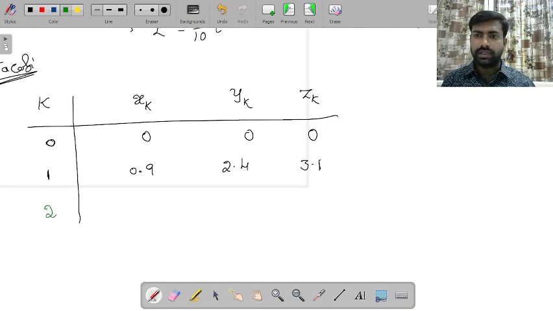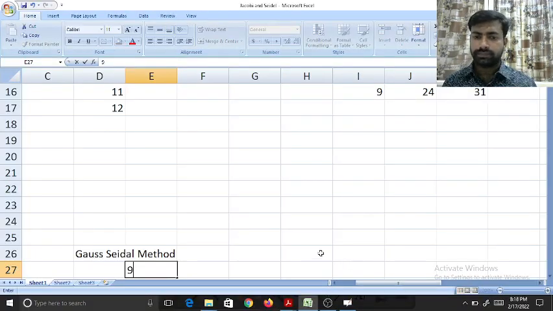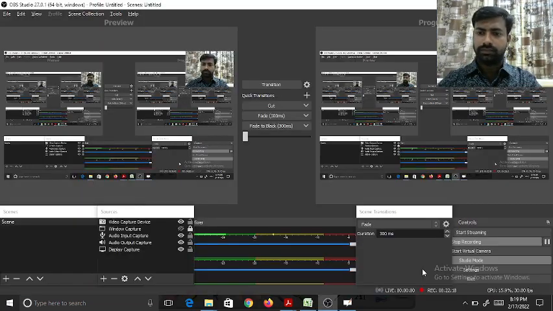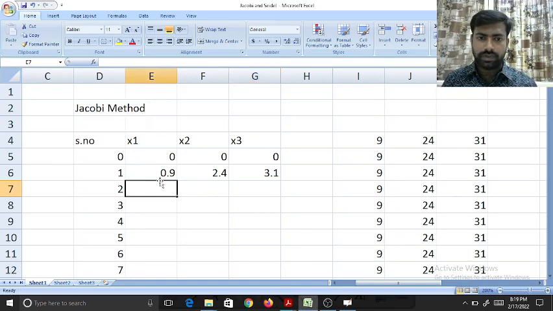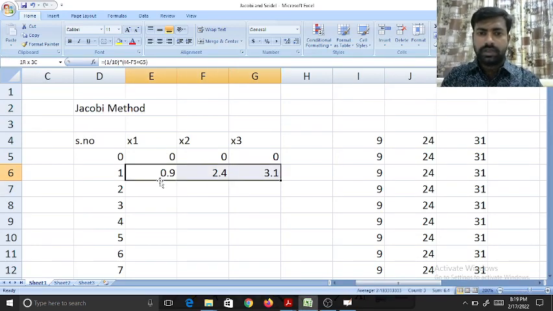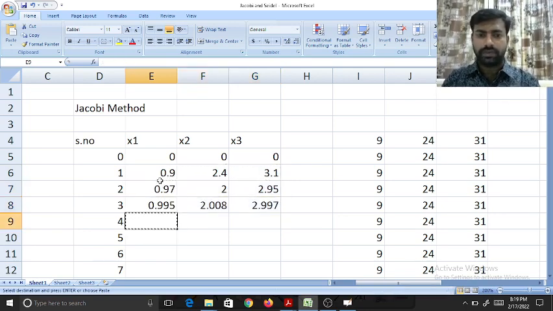And similarly, for the second step, I have done it in an Excel sheet. Here I have written the formula. These are the values we got in the first step, this in the second step, this in the third step, and this in the fourth step.